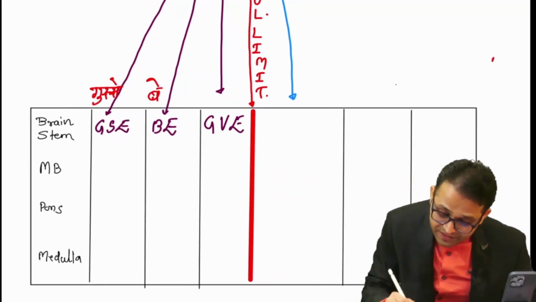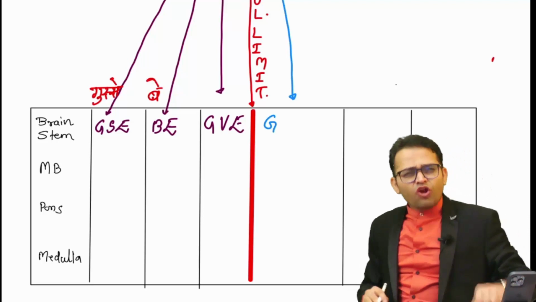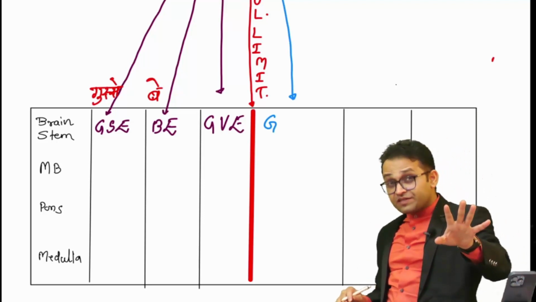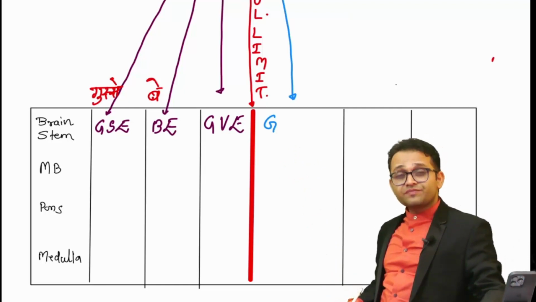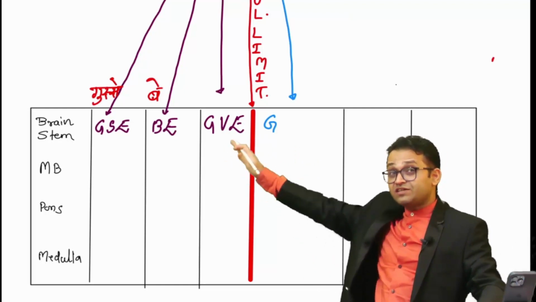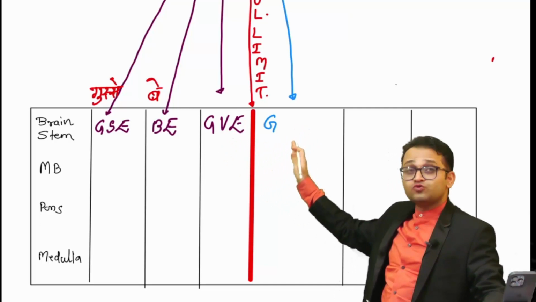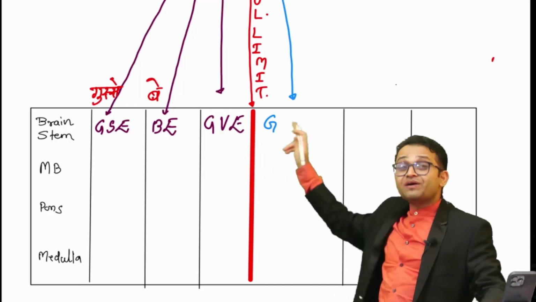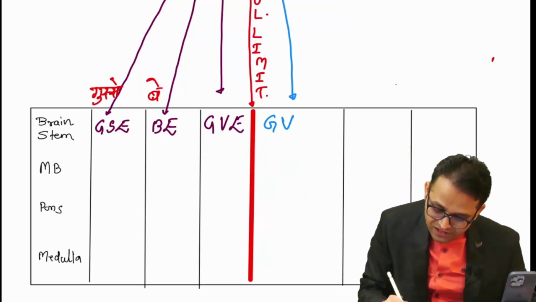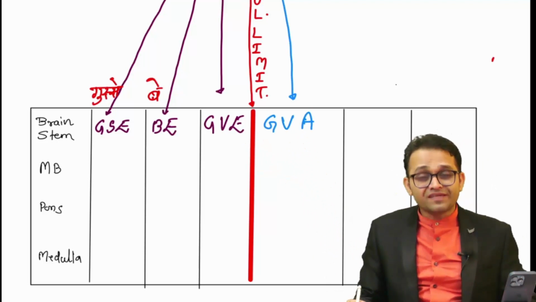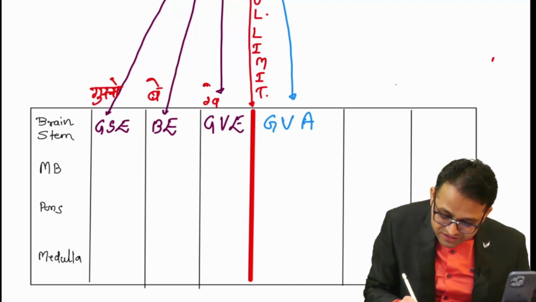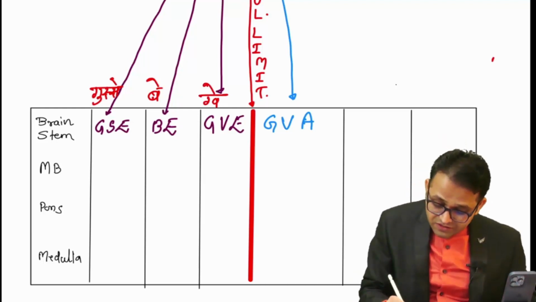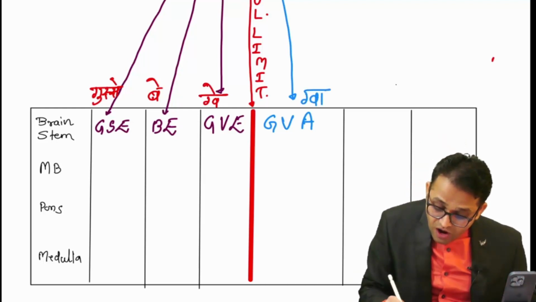It will not supply the pharyngeal apparatus, it will supply the normal structure. So general what, sir? Mirror image: this is the general visceral efferent, not E but A. So the nickname is gusse, be, and this is the gue.